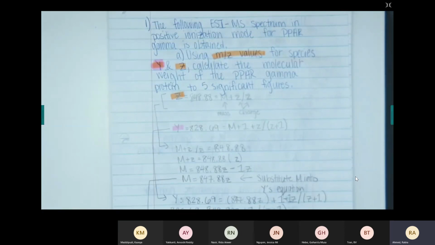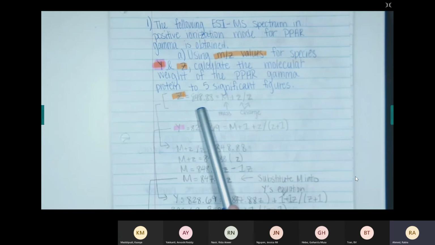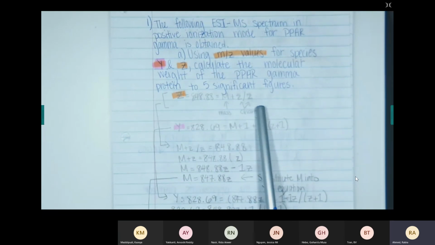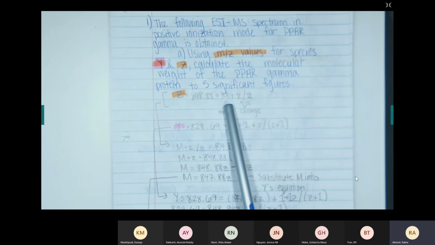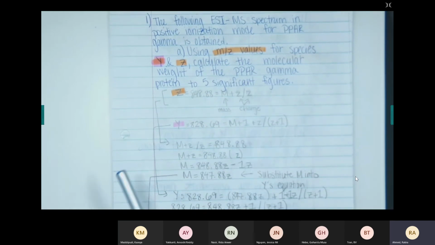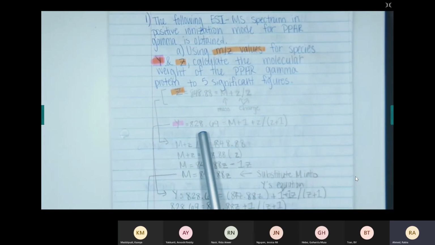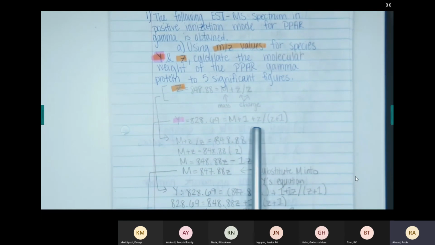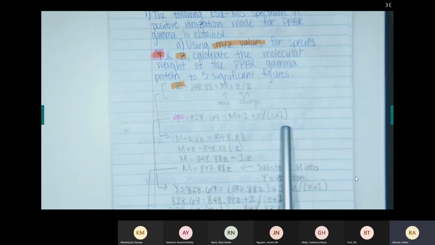So our M over Z value for Z is 848.88, equal to M plus Z over Z. The M is the mass, the Z is the charge. For Y, it's going to be 828.69 equals M plus 1 plus Z over Z plus 1.